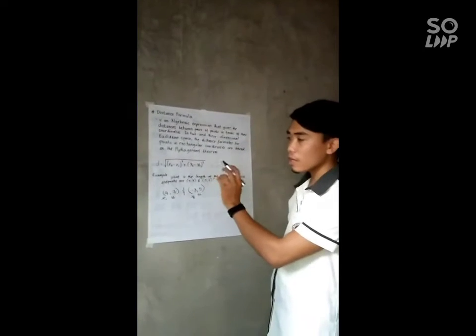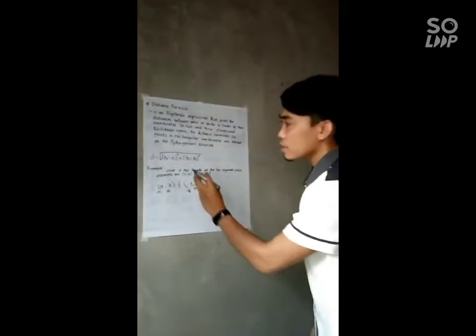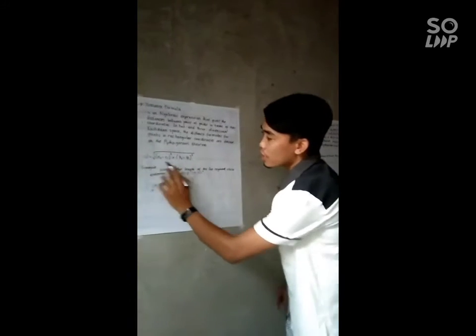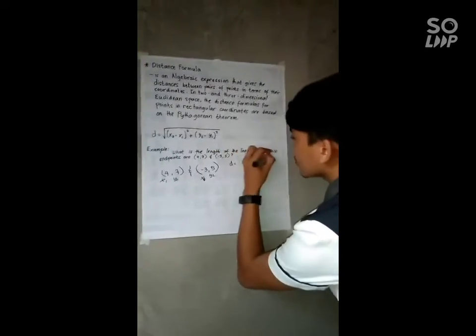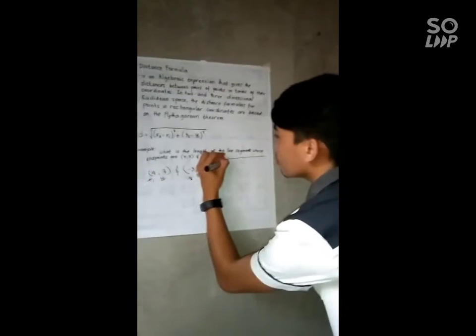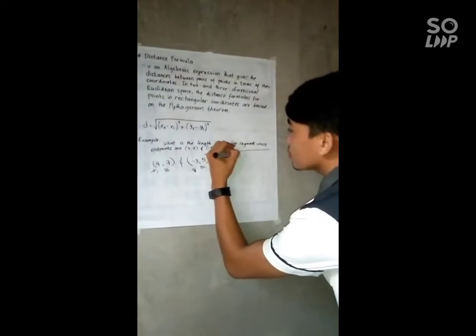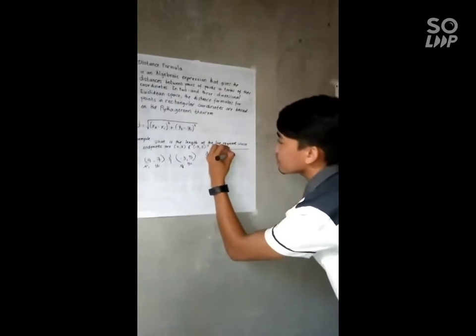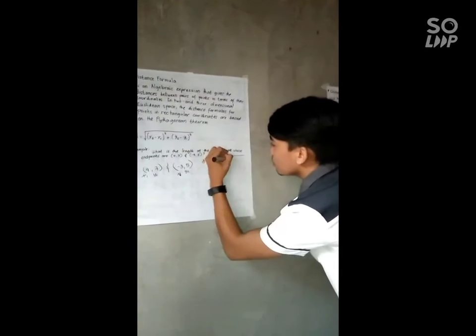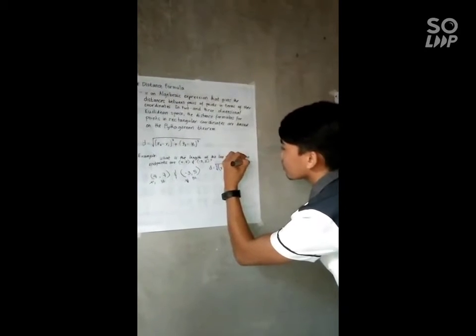So we use the distance formula. This is it. D equals square root of x2 minus x1 squared plus y2 minus y1 squared.